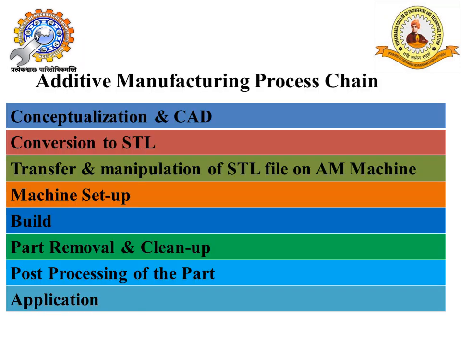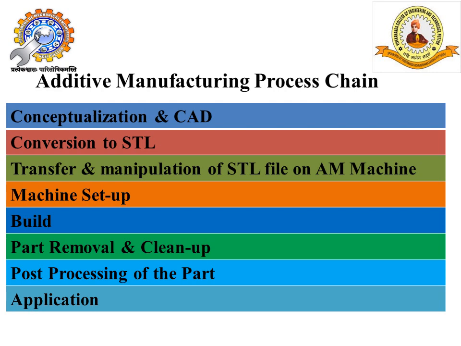See, the additive manufacturing process chain, just to recap. Any additive manufacturing starts with conceptualization, developing a CAD model, and thereby the CAD model is converted into the Standard Triangulation Language, or the STL file. Then we transfer this STL file and manipulate it for the additive manufacturing machine.